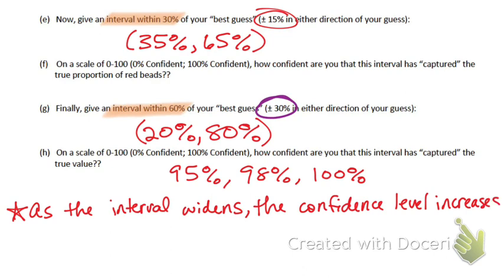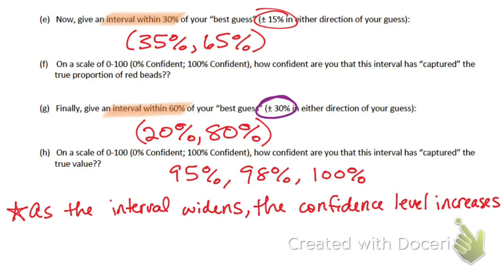That is a symbiotic relationship. As you were able to have a bigger window of guesses, your confidence that you have actually gotten the real value should have gotten better. You had more options to be right. You had a 10% chance of being right, then a 20% chance, then a 30%, then a 60%. So you had a better chance to be right. So as your interval gets wider, you should be more confident.